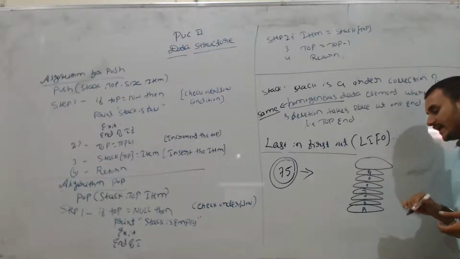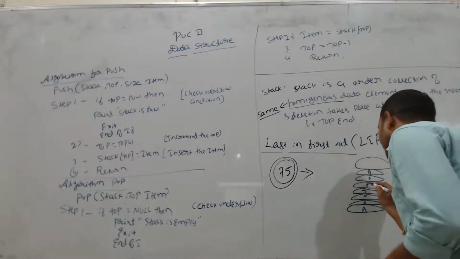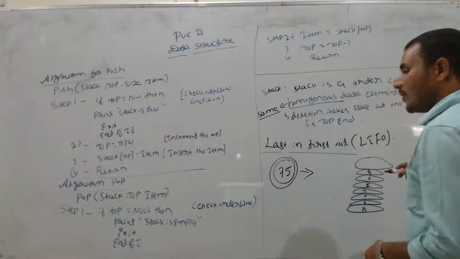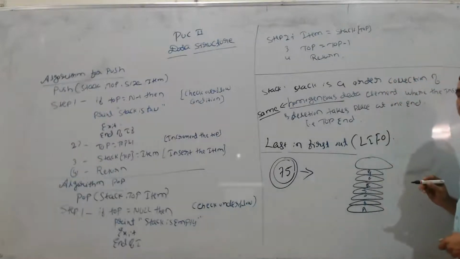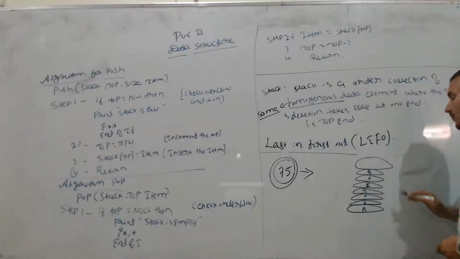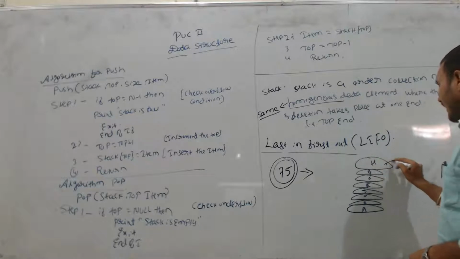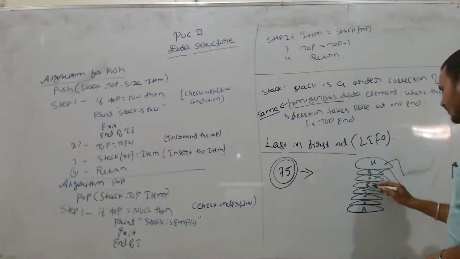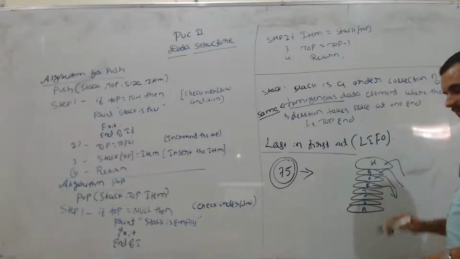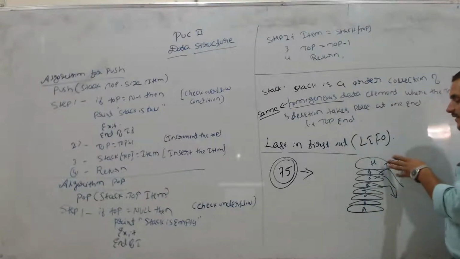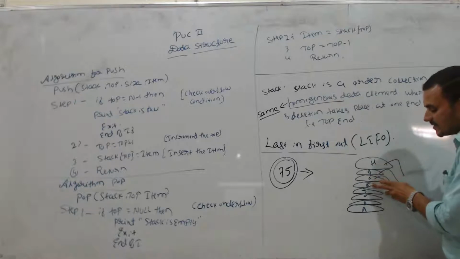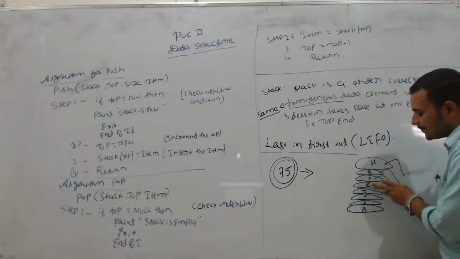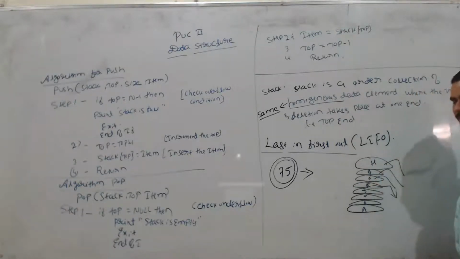Same thing with deletion. If you want to delete this E element, what do we have to do? We have to remove first the H element, then the G element, then the F element, then you can remove the E element. Unless you remove these elements, it is impossible to delete the element in your stack.